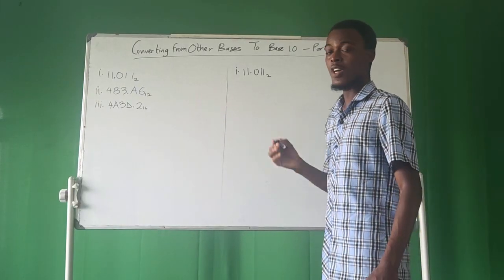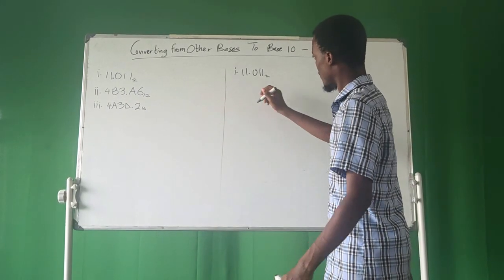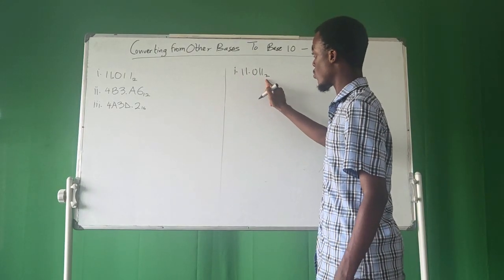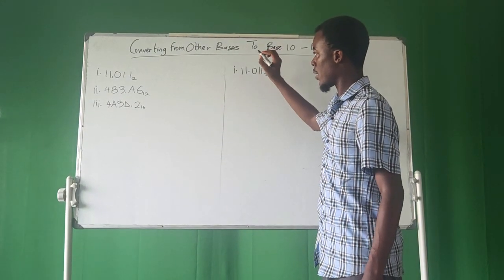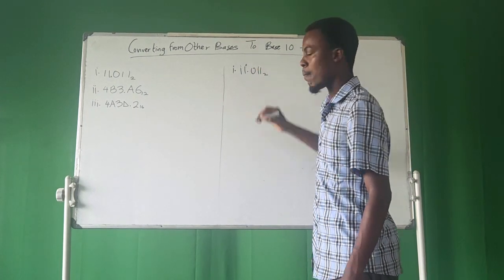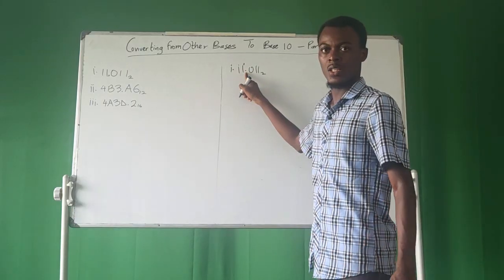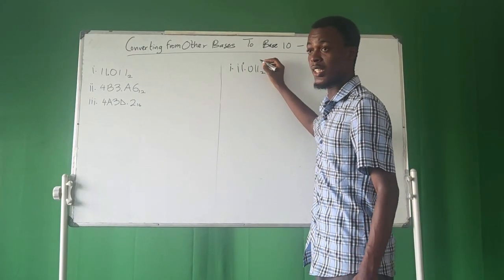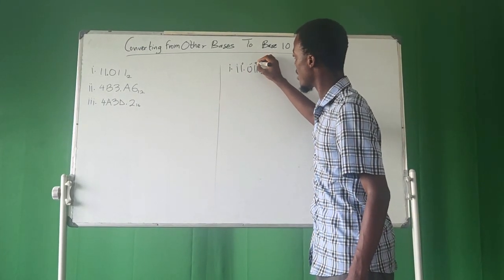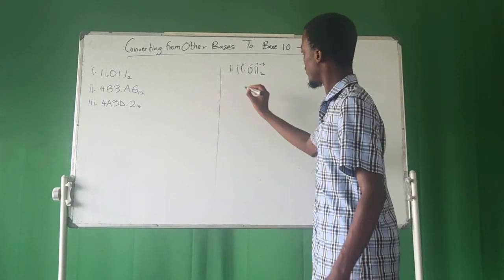Since it's 11.011, the power of the first digit becomes what? 1, 0. And note that any power after the point becomes negative. So here it's -1, -2, -3. Okay, so now let's do it together.